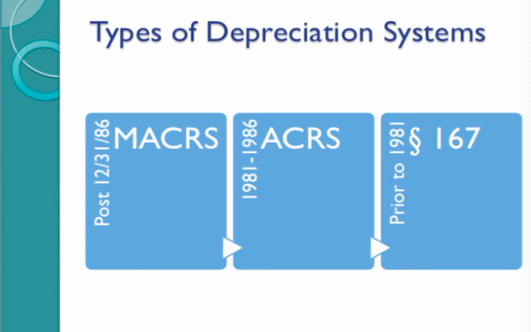Then we have ACRS, which is only used for any property placed into service between 1981 and 1986. So obviously anything that fits into that category, you would just be following the same depreciation schedule that has already been set up for that piece of property, since anything in that category would have a number of years of depreciation history already attributed to it.